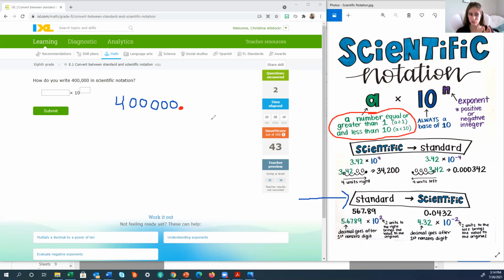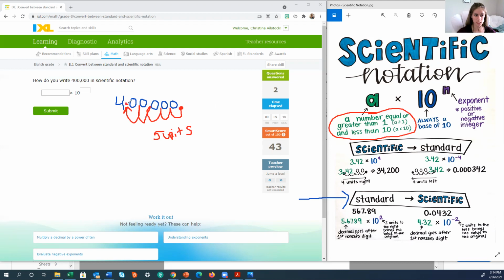Well, if we're trying to get our number between 1 and 10, it wouldn't make much sense to move it to the right because that would just make it bigger. So we need to move it to the left. So 1, 2, 3, 4, 5. Oh, look at that. It's a coincidence. So we just moved it 5 units.